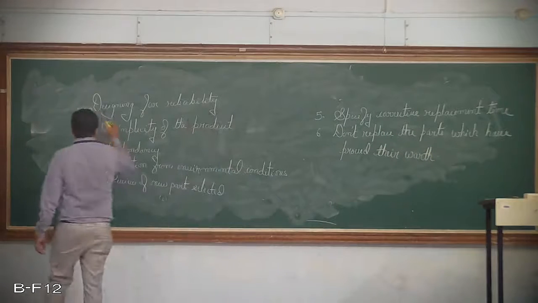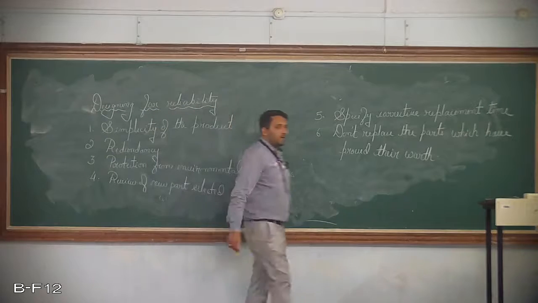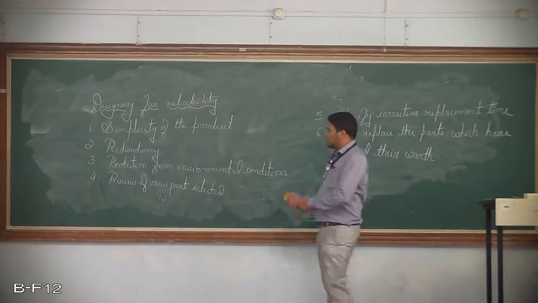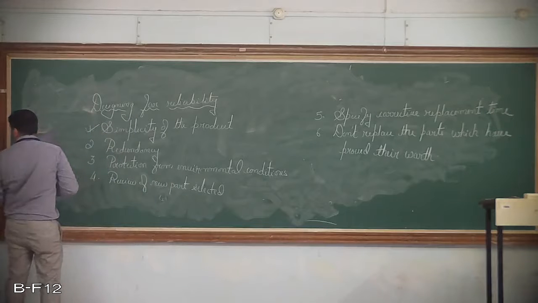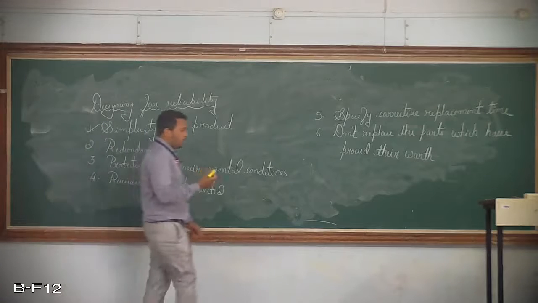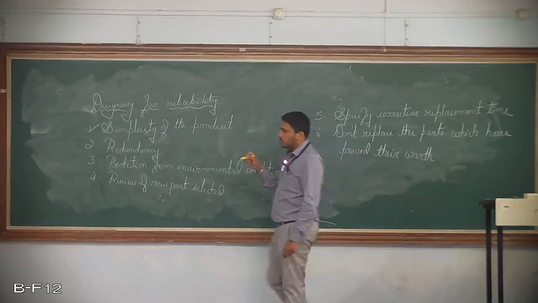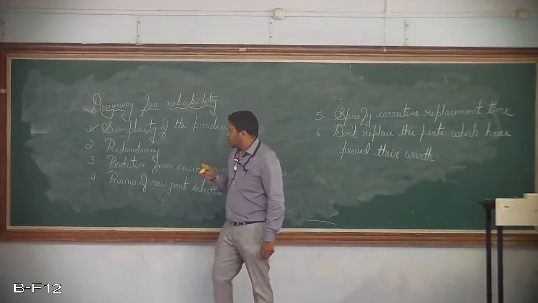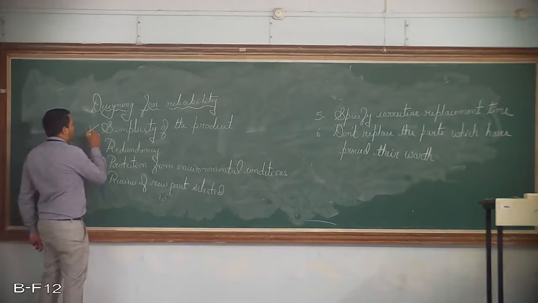So these are some of the points which we need to consider when we are designing a part for reliability. The first one, as I mentioned, is the simplicity of the product. If you make a product more complex, then more parts will be involved in that product, which will ultimately lead to unreliability.